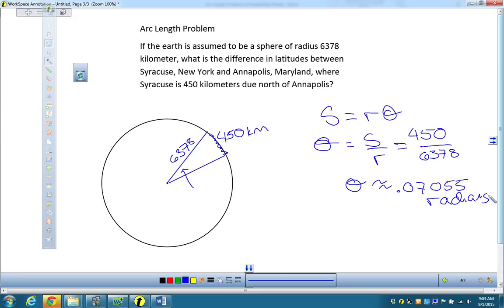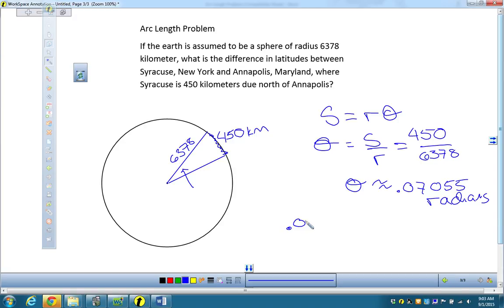But latitudes are usually in degrees, right? So what is the difference in latitudes? Latitudes are usually in degrees, so how do I figure out how far that is in degrees? Multiply by 180 over pi. Because this is radians, right?